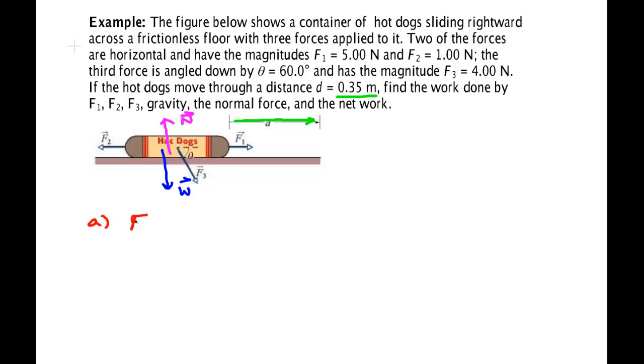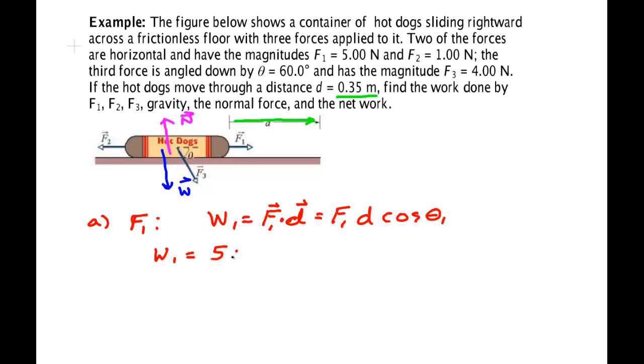So F1, let's calculate force 1's case. For force 1, work 1 would be equal to F1 dotted into our displacement vector D, which would be force 1 times the distance we pushed it times the cosine of the angle between force 1 and D. W1 would be, I'm told that the force is 5 newtons.